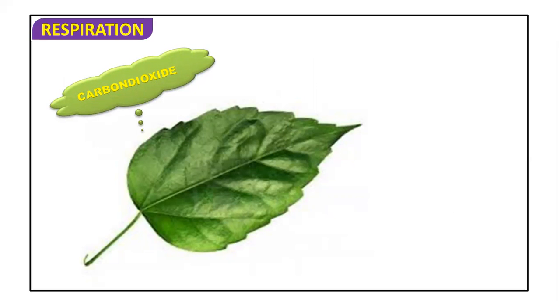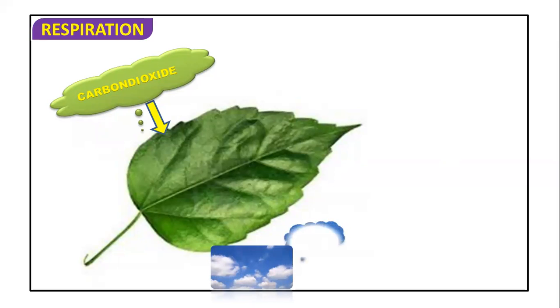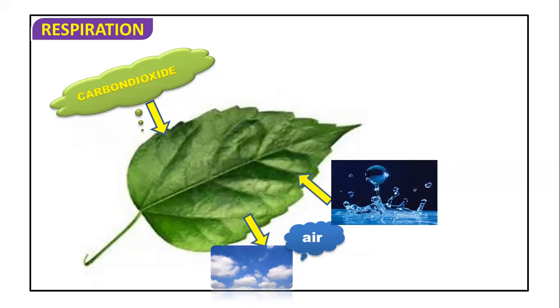We know that in green plants, green leaves are the main photosynthetic organ. So the green leaves accept CO2, that is carbon dioxide, and synthesize glucose by using water and releasing oxygen.